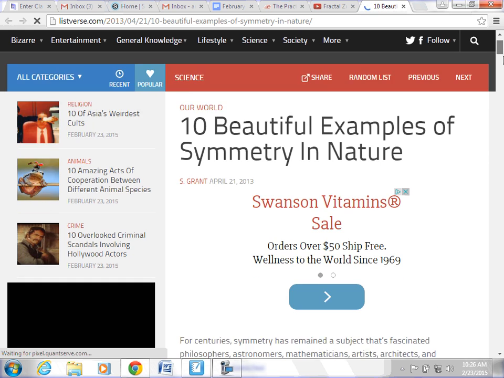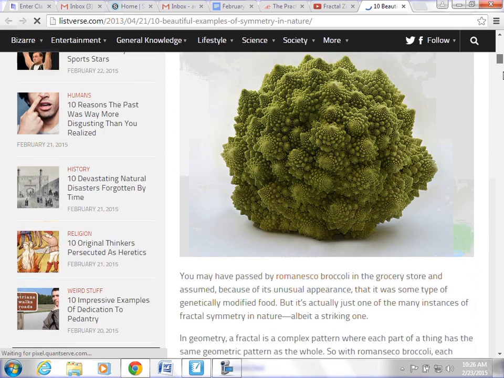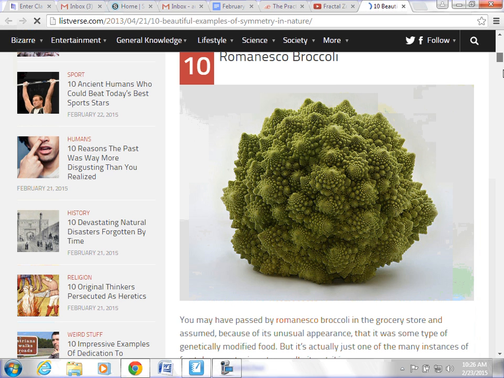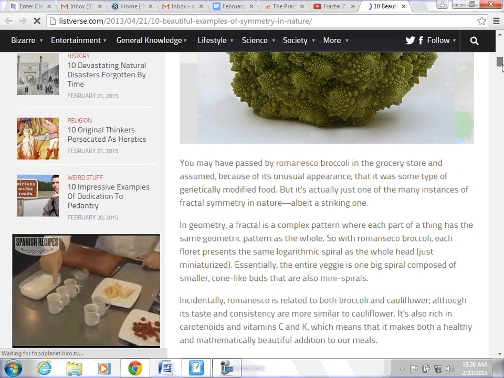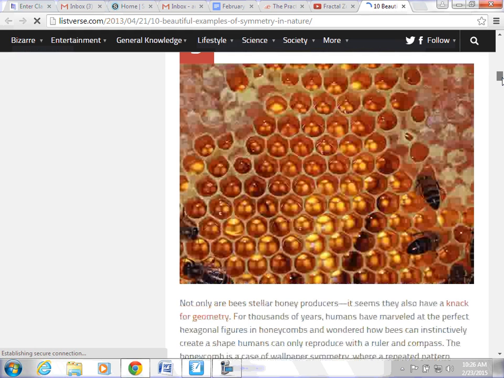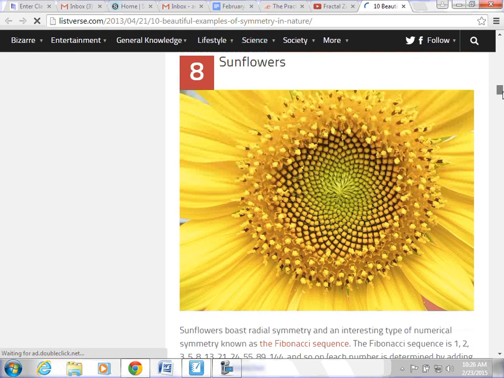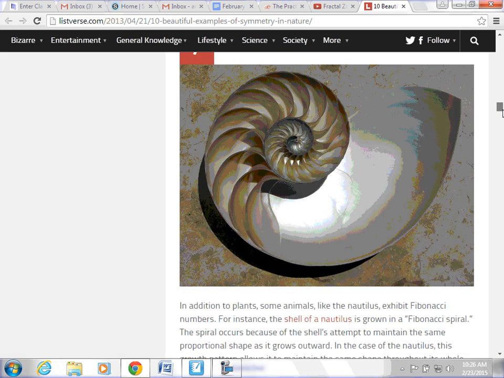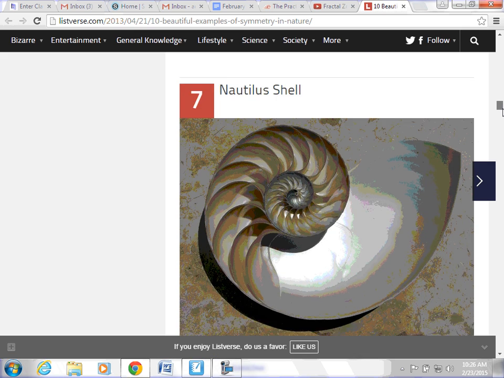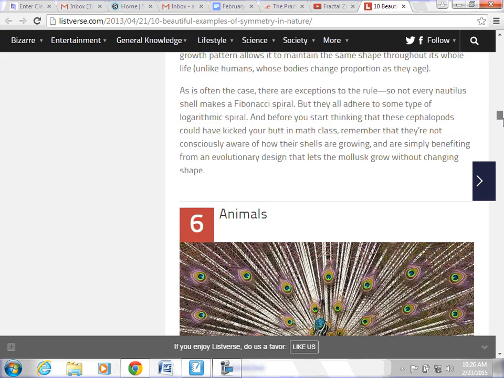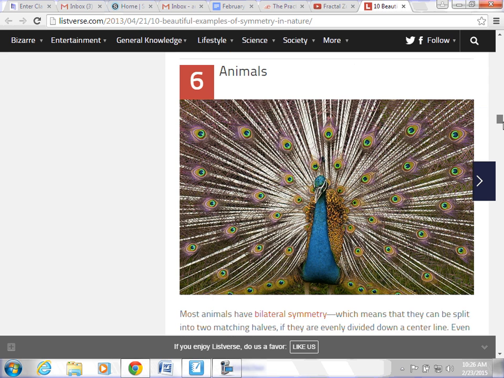Okay, so this is broccoli in its very early stages before all the little florets come out. You can see lots and lots of symmetry there. A honeycomb. Sunflower has lots of symmetry there. Shells, peacocks, spider webs.